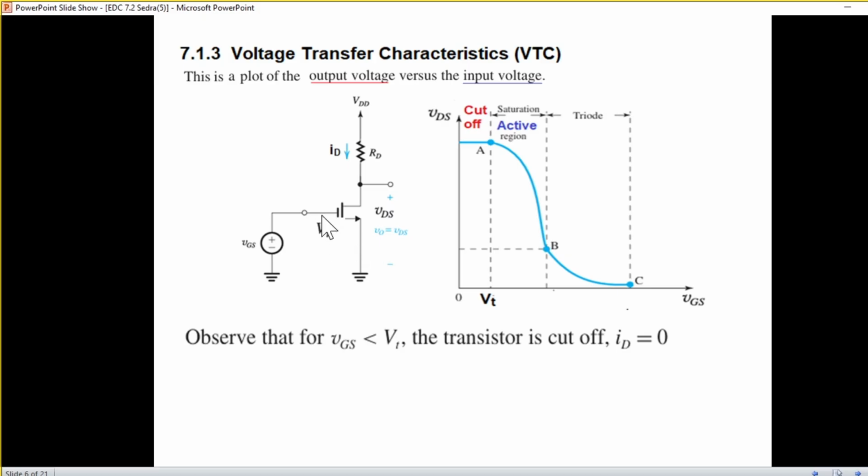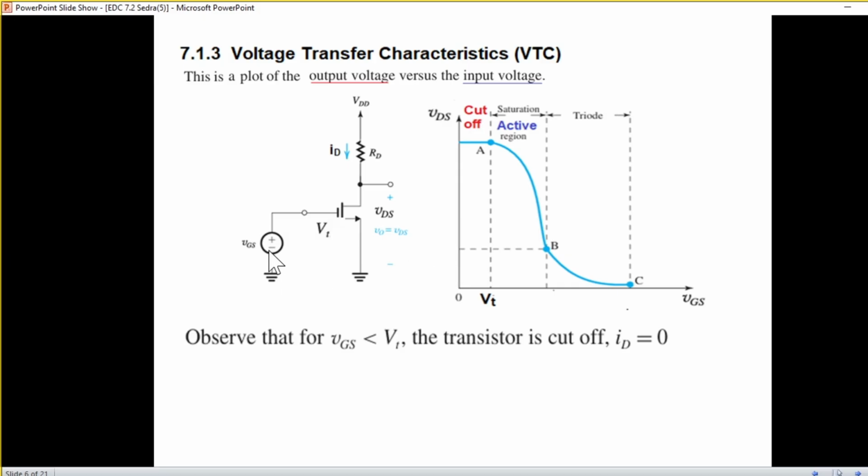Only when a threshold voltage VT is applied will this turn on. So this is the V threshold point. Before this, when the applied voltage is less than VT, the transistor will not operate. That means it is in the cutoff region. So this is the cutoff region.